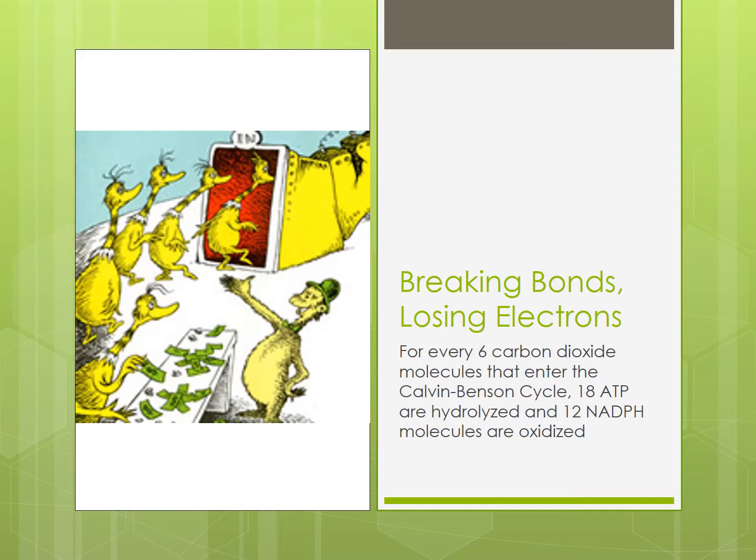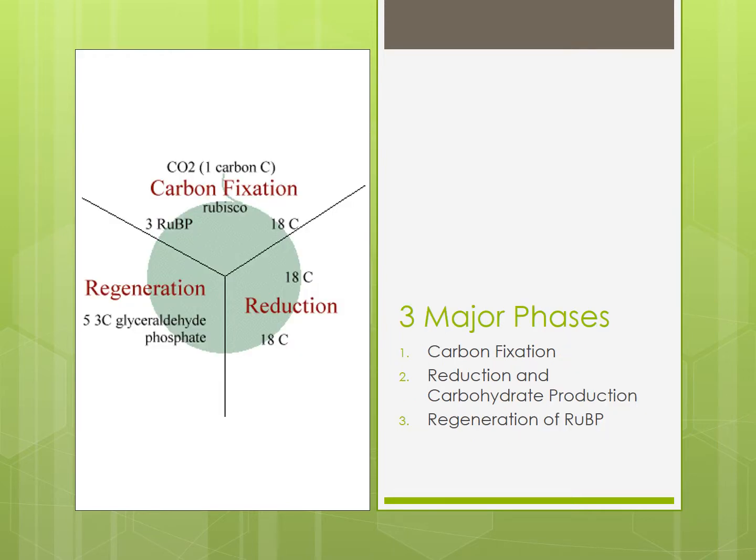You're forcing them to lose electrons. You're taking energetic electrons from these energy intermediaries and using them to power your own reactions. Build bonds. So we've got 3 big phases: carbon fixation, reduction, and regeneration. We'll go through each of them.